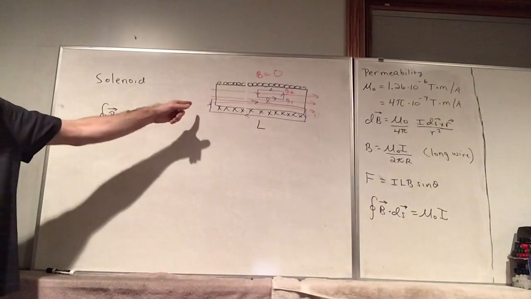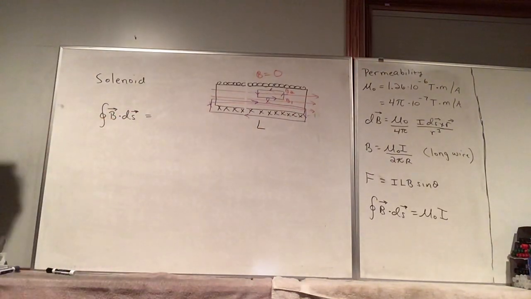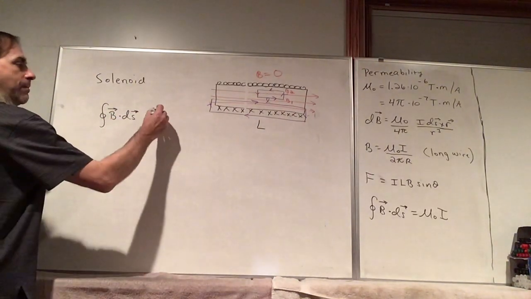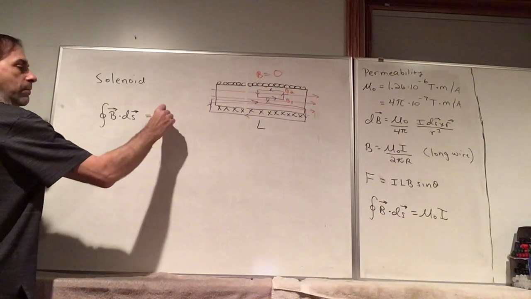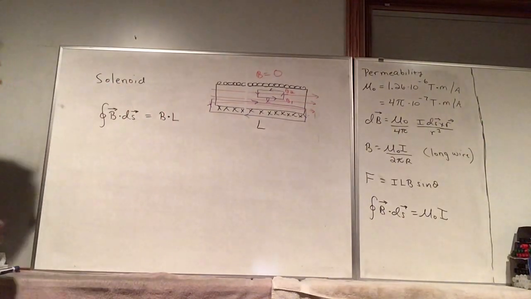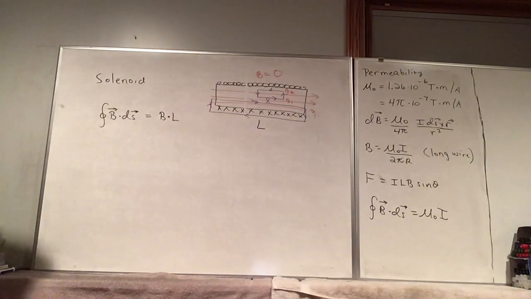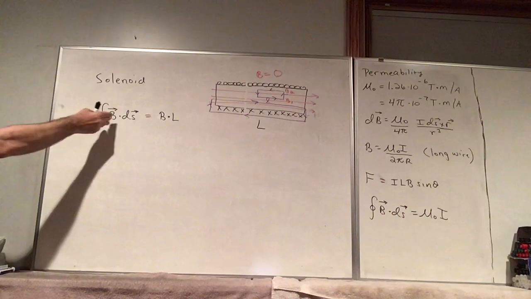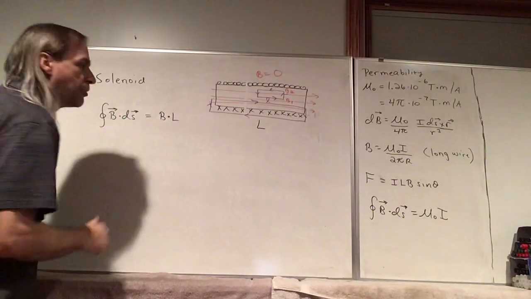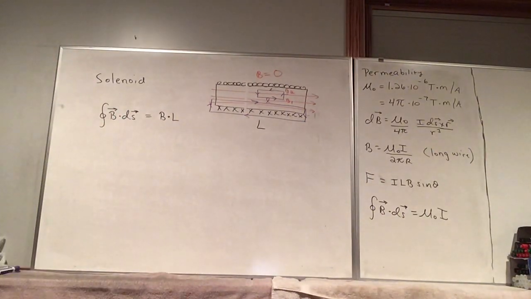But now inside the solenoid, we have B times the length of the solenoid. B is constant inside the solenoid in both magnitude and direction, so we can take that out, and then we have the integral of ds, which is just L. Okay, that part is easy.